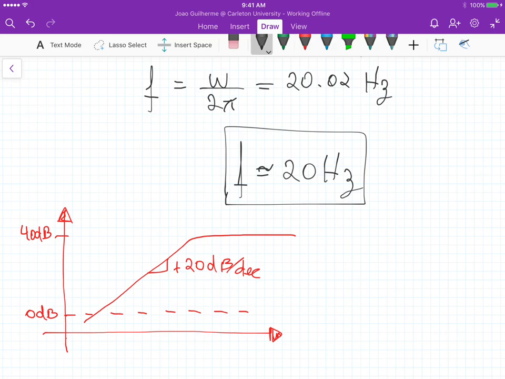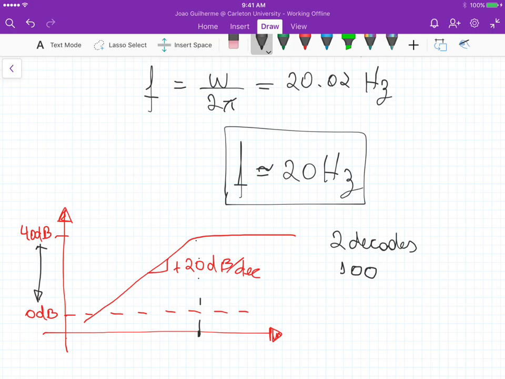So if you want to go from 40 dB to 0 dB, we have to decrease 2 decades, right? So 2 decades means basically dividing our frequency by 100.